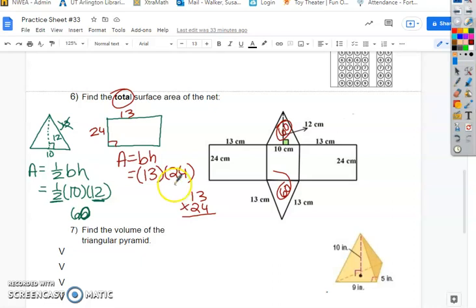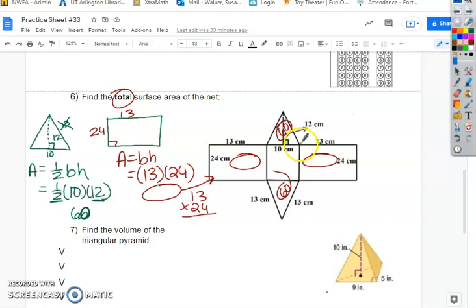Once you get this number, it's going to go right here because that's 13 times 24, and it's also going to go right here. So these 2 are going to be 13 by 24, so you need to put those in there, okay? Then I have one more rectangle, and again, it's just base times height.